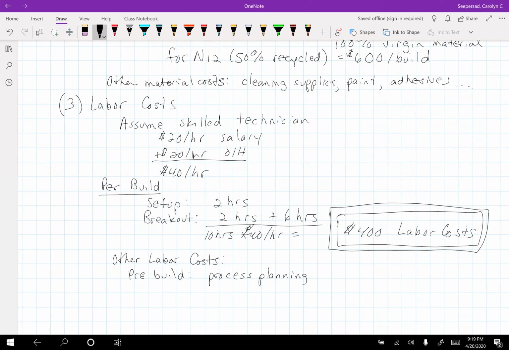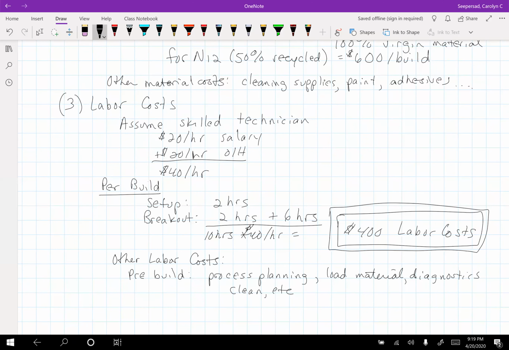That could include orienting the part, positioning the part, scaling the part, setting other process parameters, generating support structures, those sorts of things. You've got to load material, run diagnostics. In a desktop FDM machine or any FDM machine, you might need to level the build platform, get things ready to go, clean, etc.